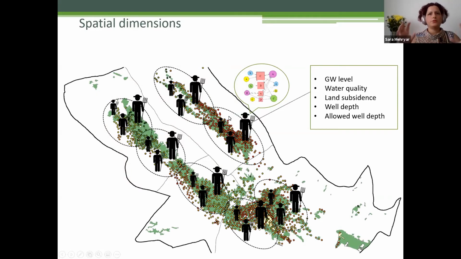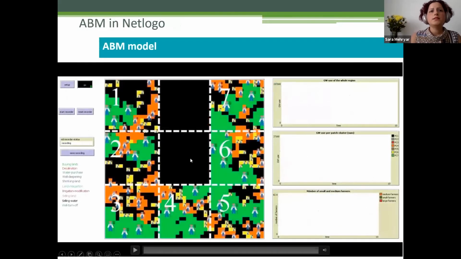And then we distributed small, medium, and large farmers across these 7 different regions. So in our agent-based model, the agents are farmers and the environments are farm cells with specific environmental attributes.